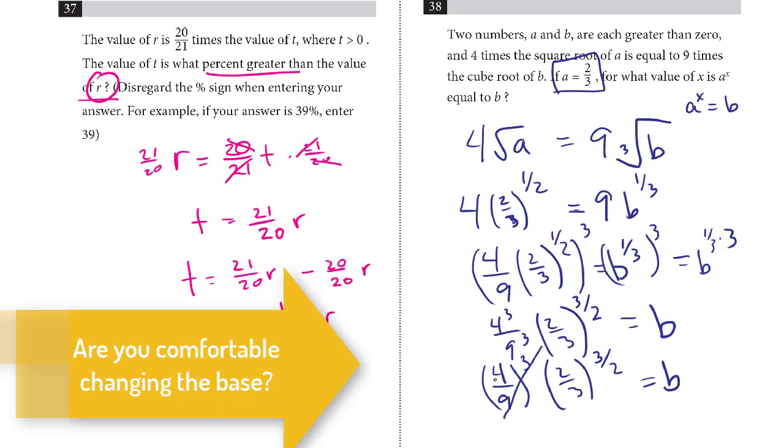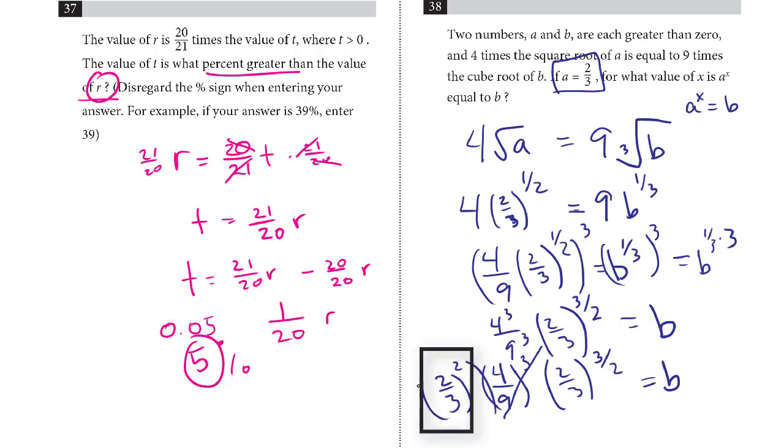So I could replace this with 2/3 squared raised to the 3rd power. Okay? So now I've got 2/3 to the 6th power times 2/3 to the 3/2 power equals b.